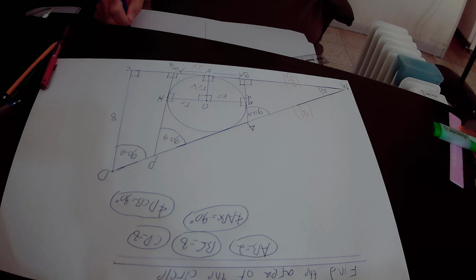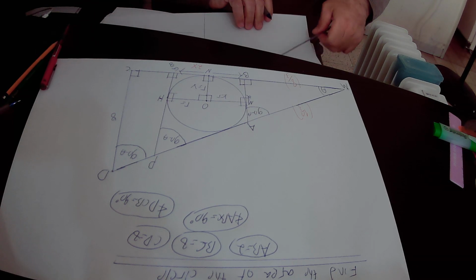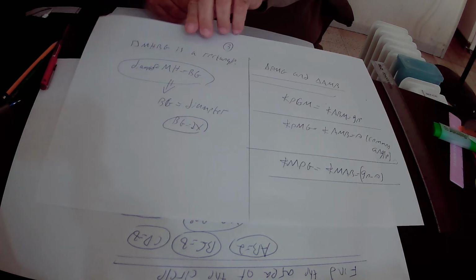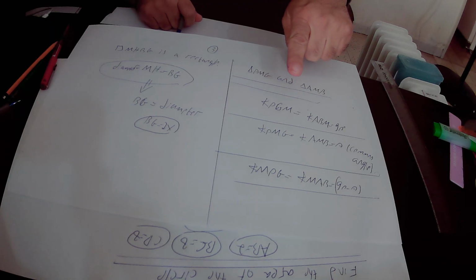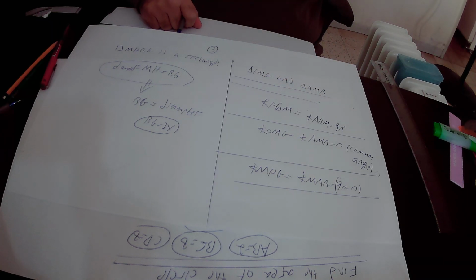Again, they are both equal to 90 degrees minus theta, therefore they are equal to each other. Repeat again. Angle MPG in the big triangle equals angle MAB in the small triangle. They are both equal to 90 degrees minus theta, therefore they are equal to each other.